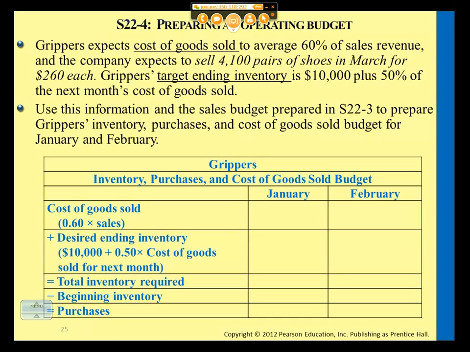Are our sales just 4,000 over the pairs times the 260, or do you have to include something else? If you just focus on that and then times the 60%, 393,760. Are we supposed to include that? Hold on, don't say. No, I'm not saying it.